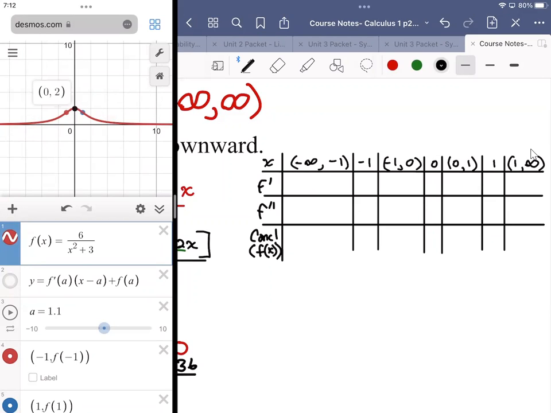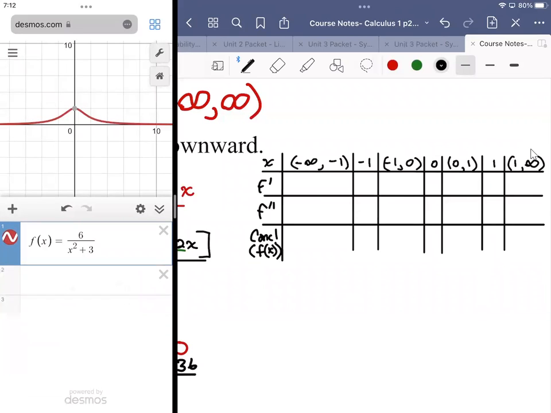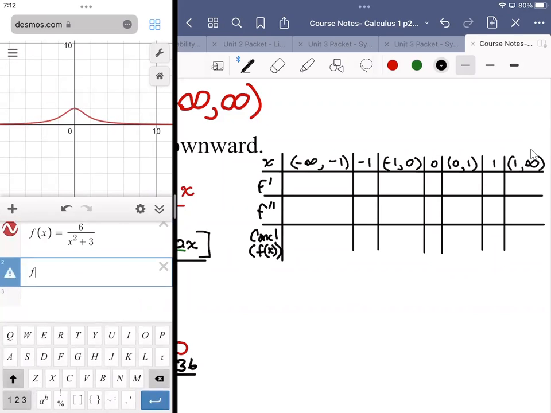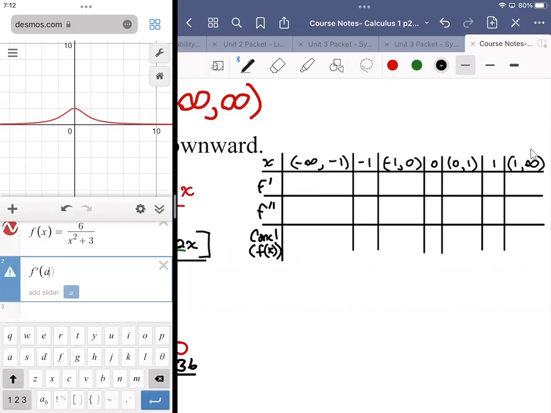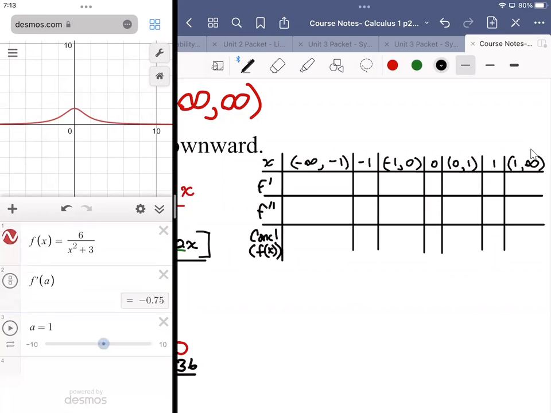All right. So whether you want to actually test values or just look at the graph is up to you. I can get rid of some of this stuff here and look at it by points and say, all right, from negative infinity to -1, they're all positive values. From -1 to 0, they're still all positive values, because it's increasing over those intervals.